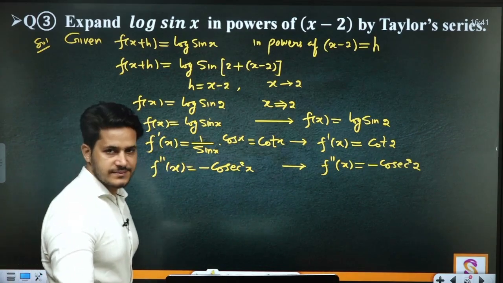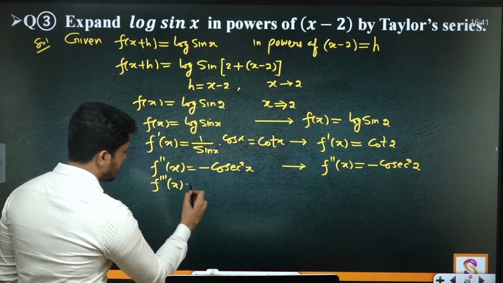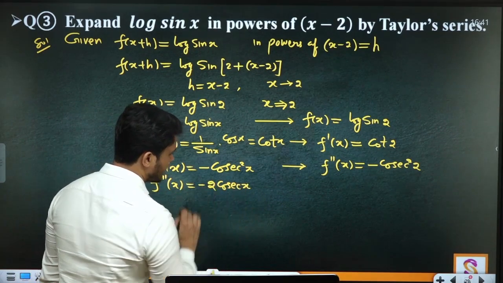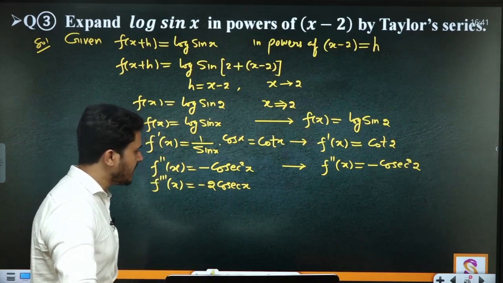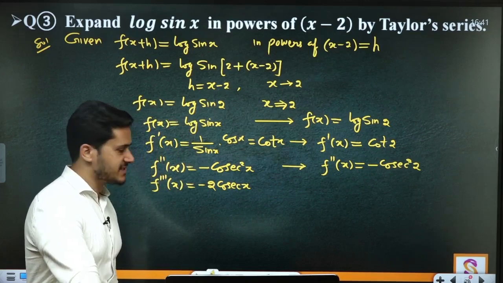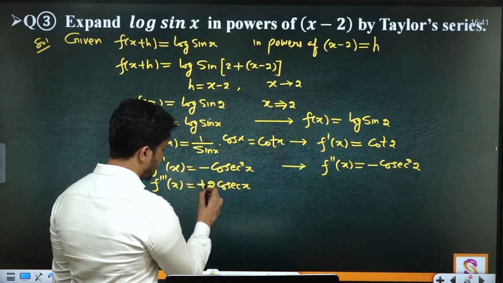Let us do one more. Let us find f triple dash x. It will be minus 2 cosec x, first of cosec, and then the derivative of cosec is minus cosec into cot, so this minus will become plus.